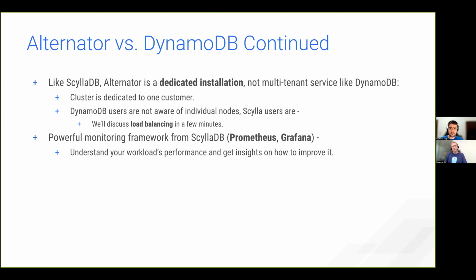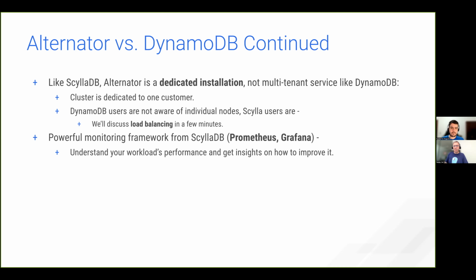Another difference is that in DynamoDB, you don't even know which nodes exist. The client doesn't know how many nodes or which nodes exist. In Scylla, you do. If you have a cluster of 10 nodes, then you have these 10 separate nodes, so the client will have to send requests to all of them and not just one of them. You need to do some sort of load balancing, and we'll discuss this in a few minutes.